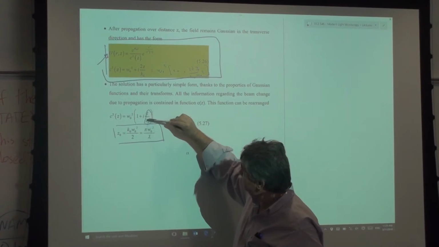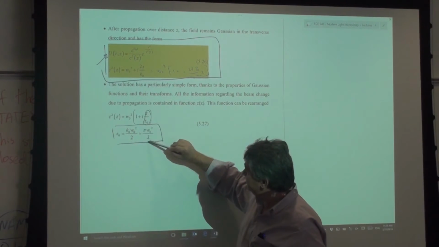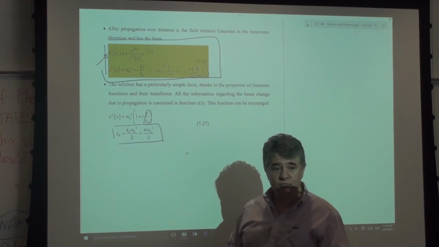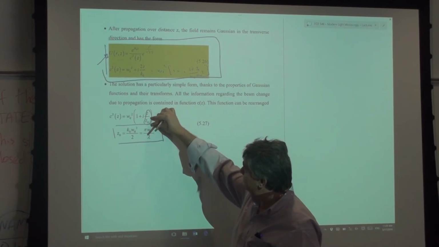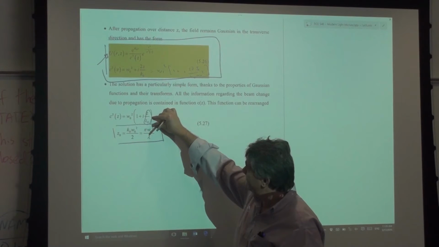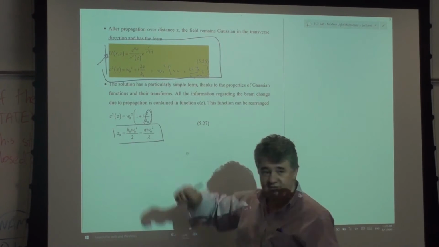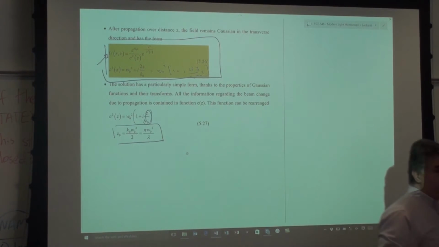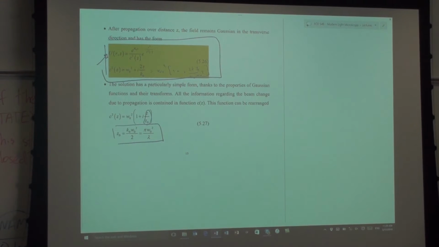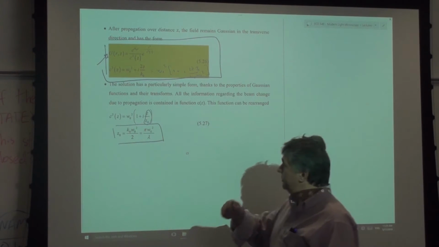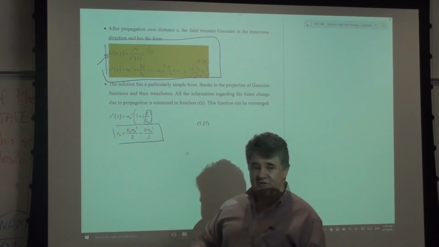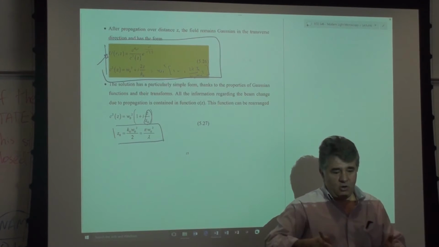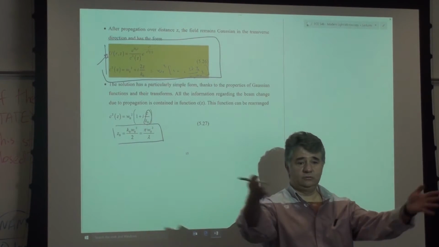I'm going to write it as Z over Z naught, where this Z naught actually has a name. Okay? This is going to tell you basically the distance over which W goes up by square root of 2. Okay? It's going to become apparent in a second. This Z naught gives us a scale of how fast that Gaussian grows, right?